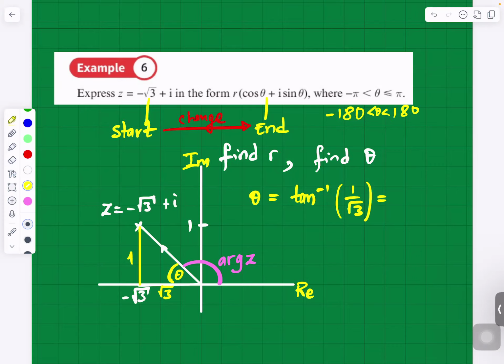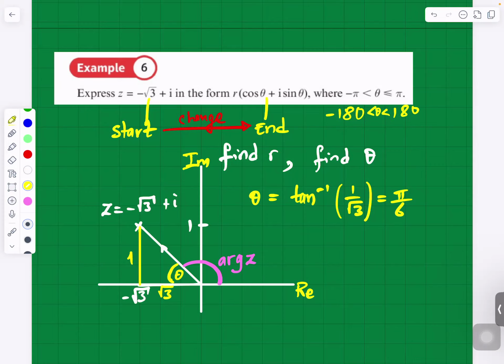Inverse tangent of 1 over root 3. What would that give you? Try with your calculator. It gives pi/6. Perfect, pi/6.